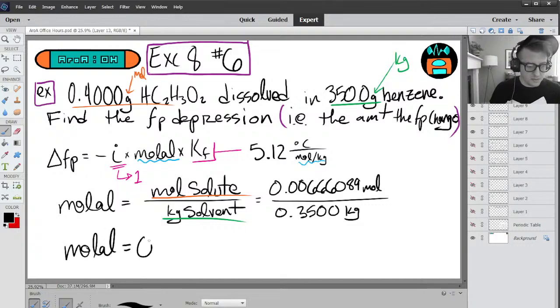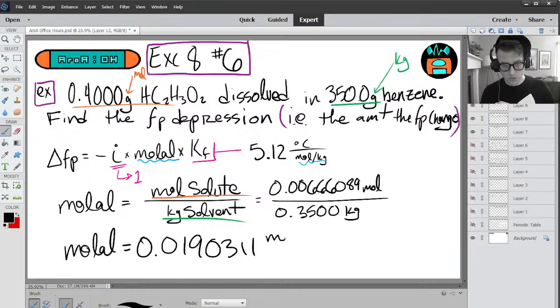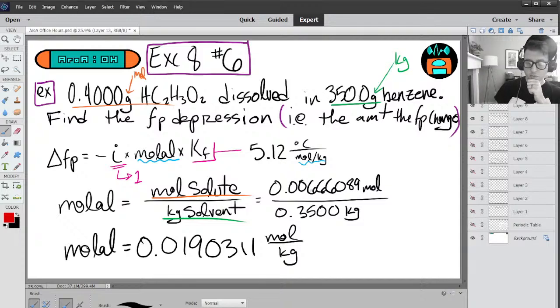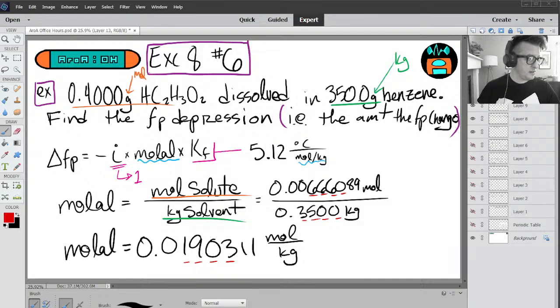So our molality comes out to be 0.0190311. This is moles per kilogram. Again, our numerator has 4 sig figs. Our denominator has 4 sig figs. Our answer must only have 4 sig figs. But I'm waiting to round till the end. I'm putting these lines here to remind myself that that's how many sig figs I have in play.